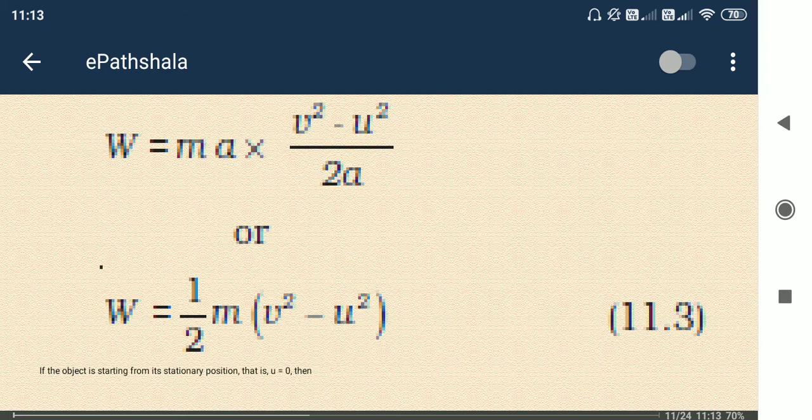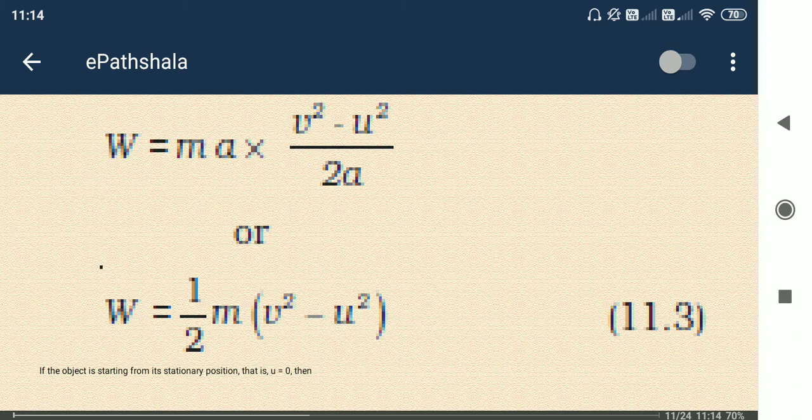So see here, one thing is written: work done is equal to half m into v square minus u square. What it means is, an object had some energy half m u square, where u was the initial velocity, and now the final velocity is v, so it has increased, okay.